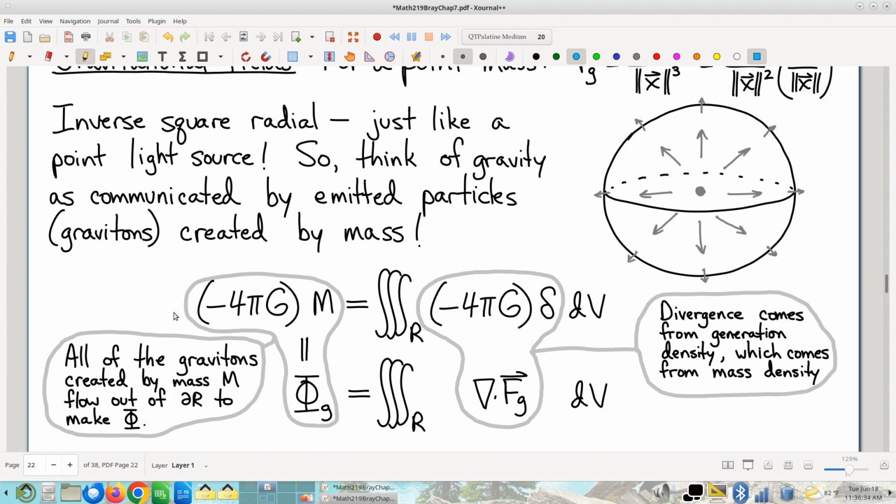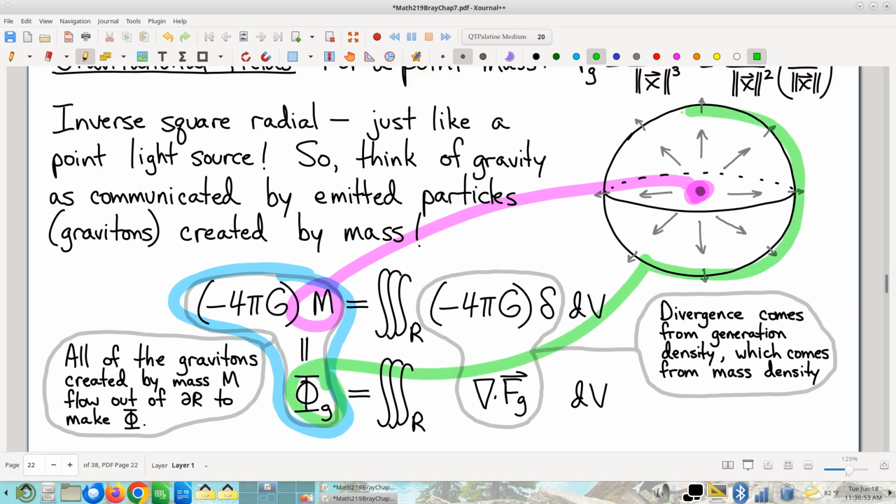So with that in mind, let's look at this equation right here. What that's saying is that the amount of mass that you have that's creating your gravitational field should be proportional to the amount of flux that you would measure on the boundary. Now let's think through why that might be, right?